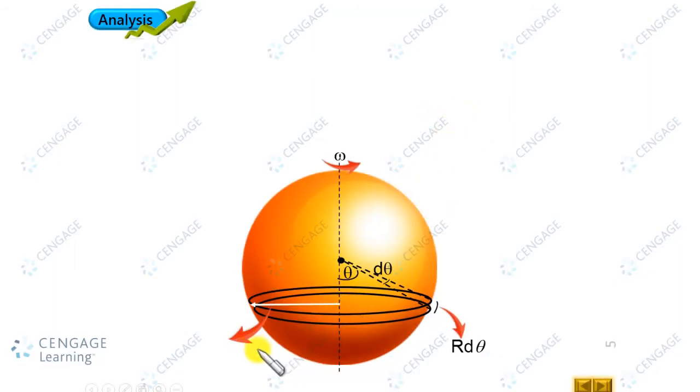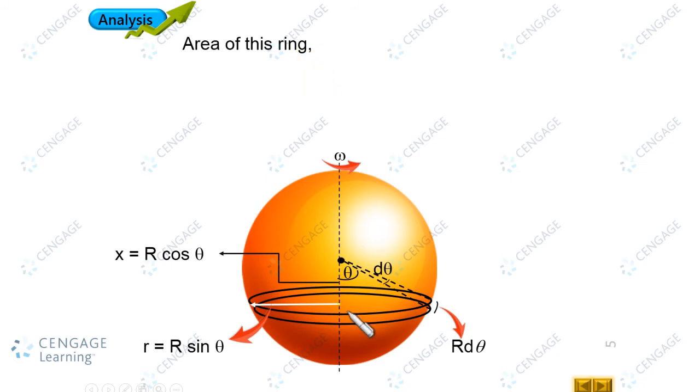The distance of the center of this elemental ring from the center of the sphere, you can observe this is the center of the sphere, this distance is R cos theta. So let us now write the area of this ring. This is equal to, as we discussed, 2 pi small r multiplied by R d theta. Small r equal to capital R sin theta. So let us substitute this value. This value is 2 pi R square sin theta d theta, right.